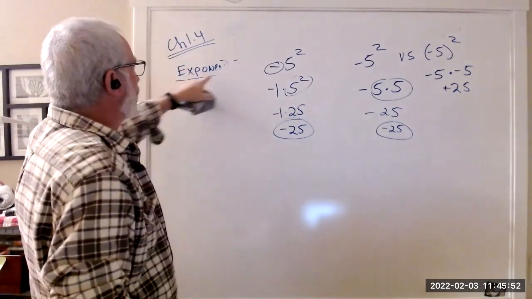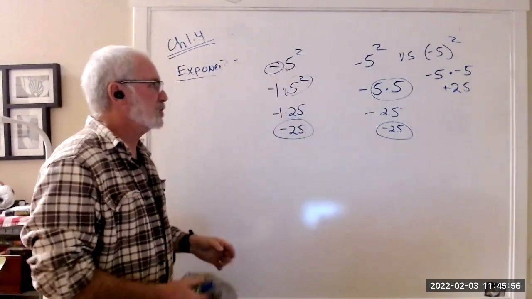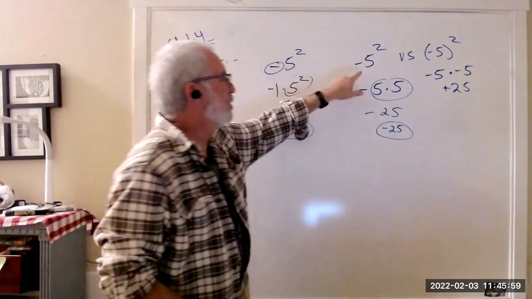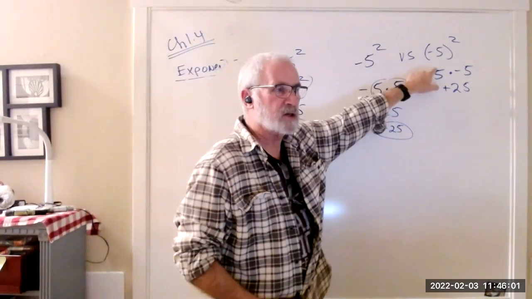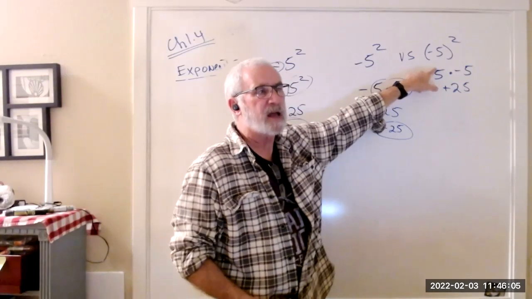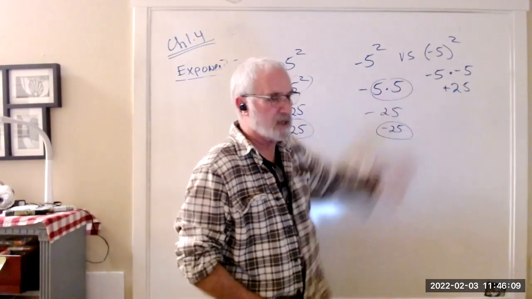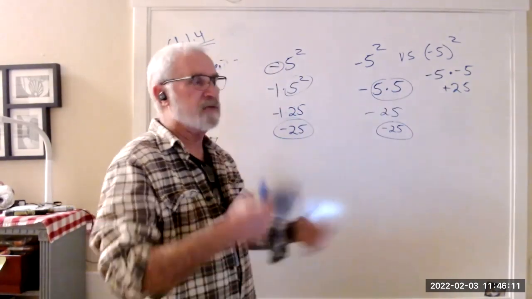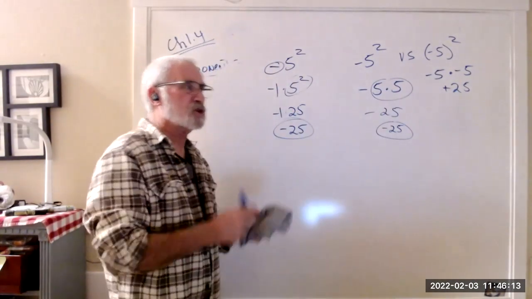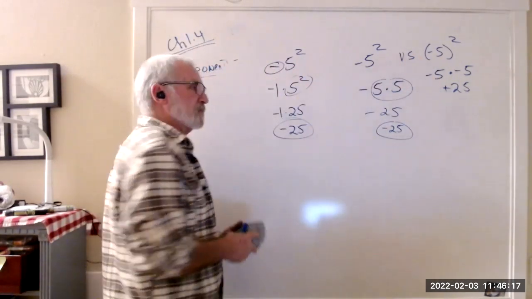Chapter 1.4 was all about exponents. That's the basic idea. I promise a question like one of these on the chapter 1 quiz, and I promise one of these on exam number 1. I promise that. Okay, seeing if you can pay attention to the subtleties, to the use of parentheses or no parentheses.